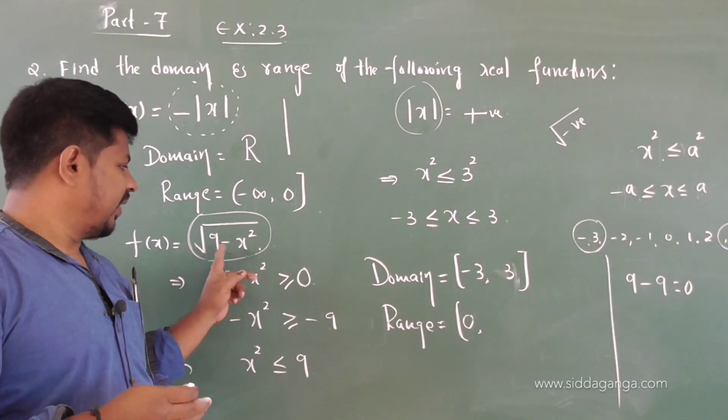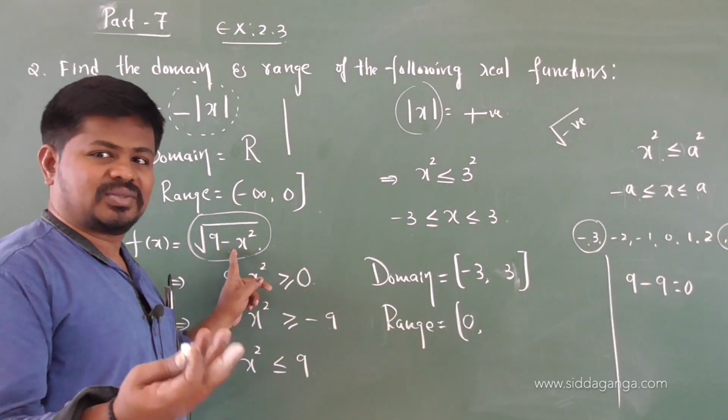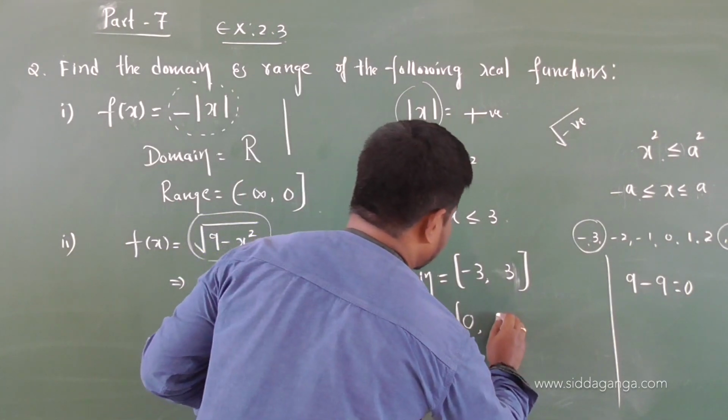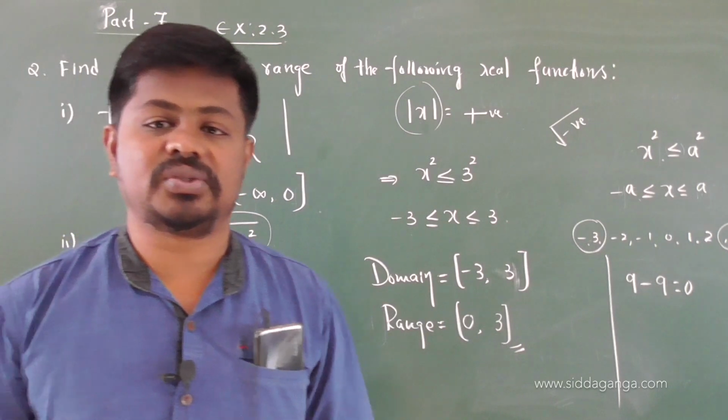So when x is 0 you get root 9. Root 9 is exactly 3. That is our last value. You mean range values are from 0 to 3. Hope you got it, students.